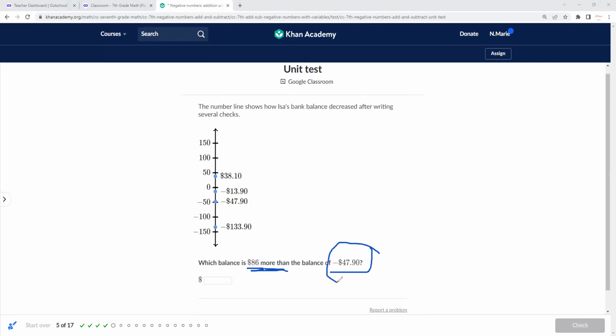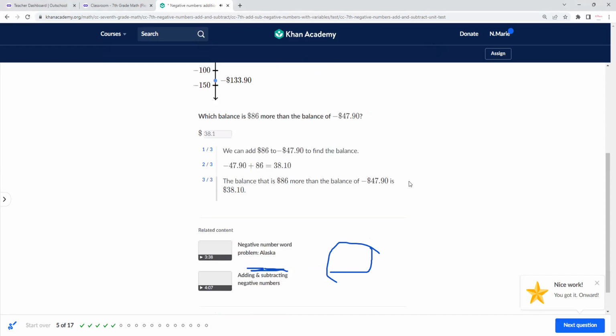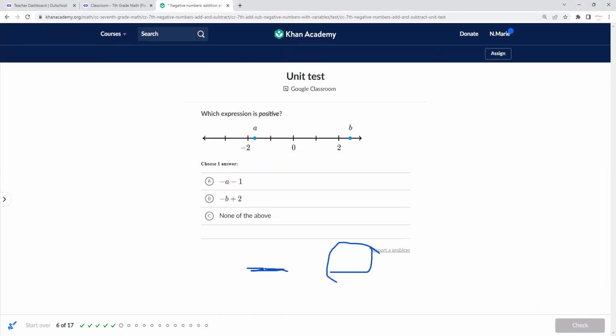You can use a calculator for these longer ones, but when it comes to just the basic integers, you should be able to do those in your head or by hand, no calculator. So this would get me, if I added 86, 38.10. So when you're going through this unit, whenever you get something wrong, like I said, see what you did wrong. That way you can get better and improve.